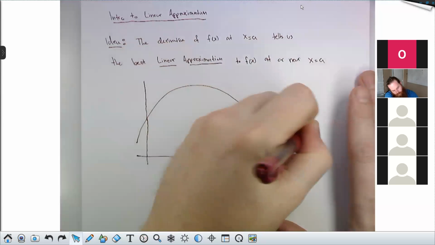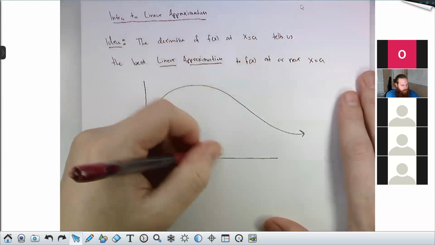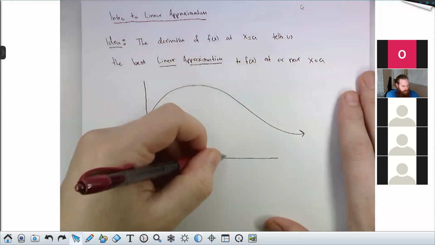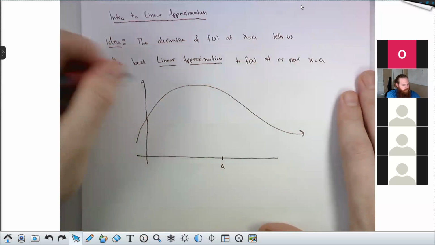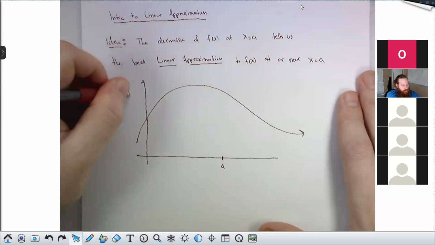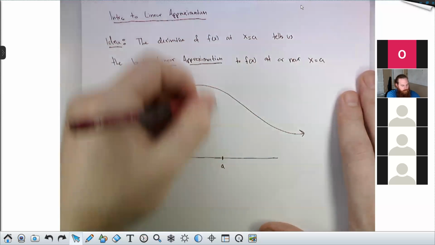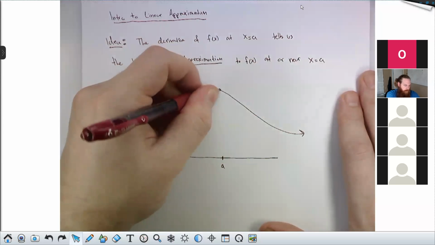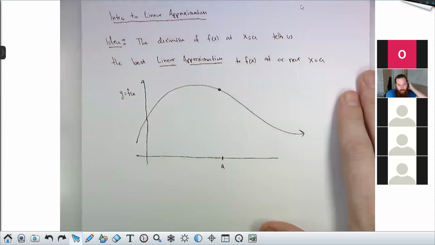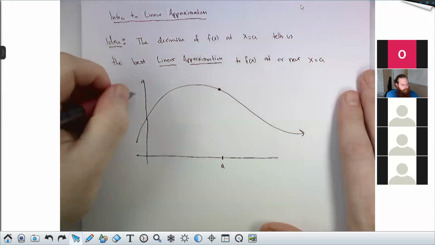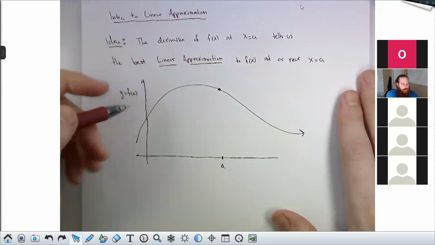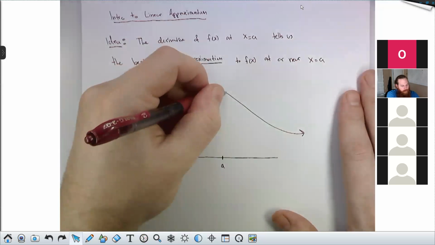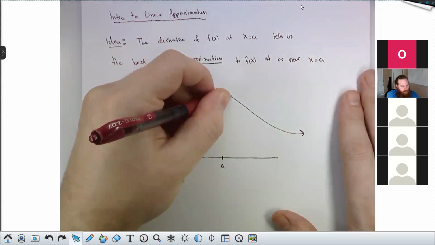So let's say a is here. And this is the function f of x. Here's the point a comma f of a on the graph of f of x. Suppose there's some nearby point here.